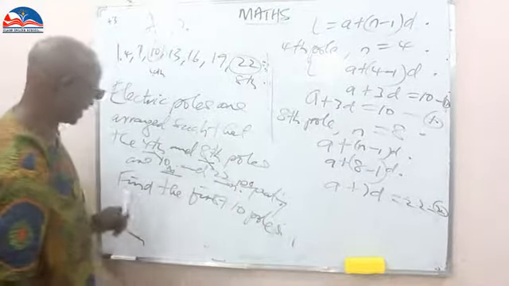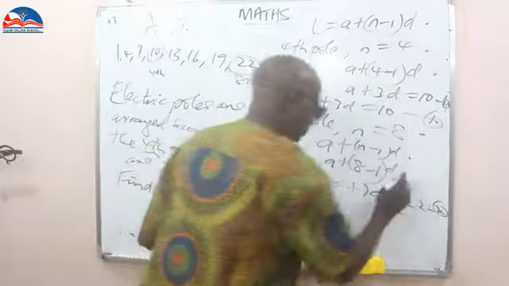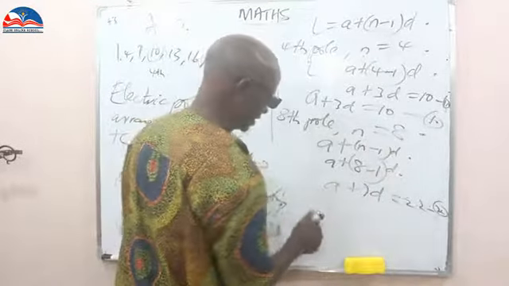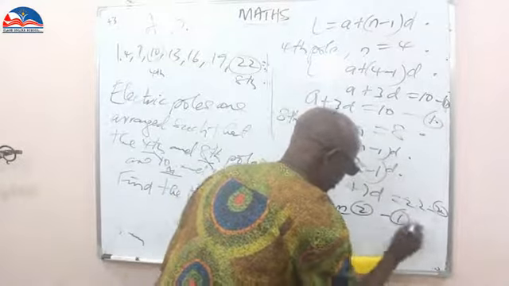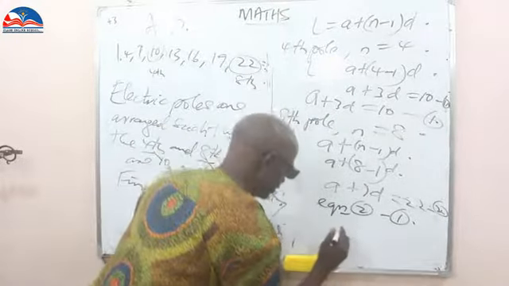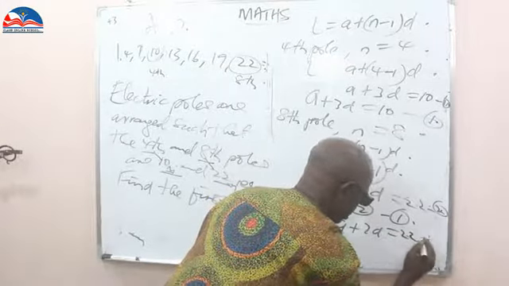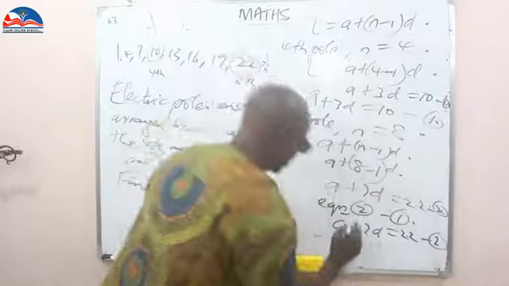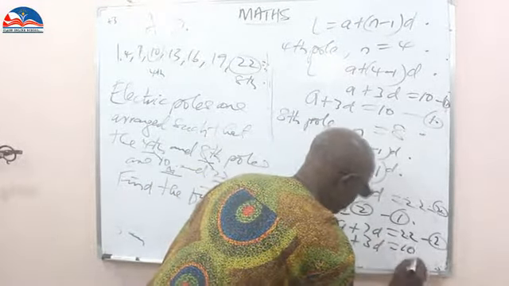From there, we can get the first 10 terms of these poles. Now let's go. From equation 2, subtract equation 1. Equation 2 is A plus 7D equals 22. I'm going to subtract equation 1, A plus 3D equals 10.